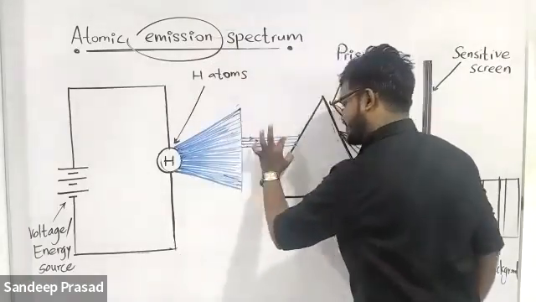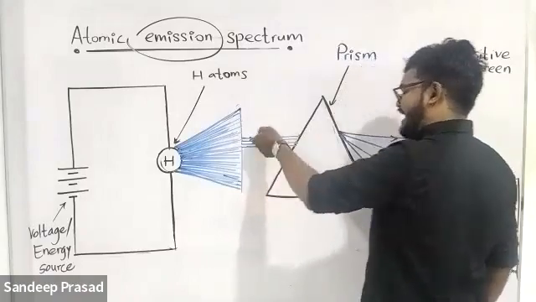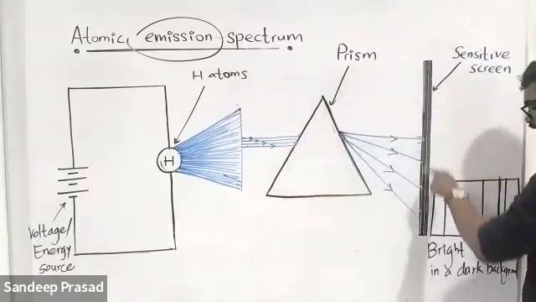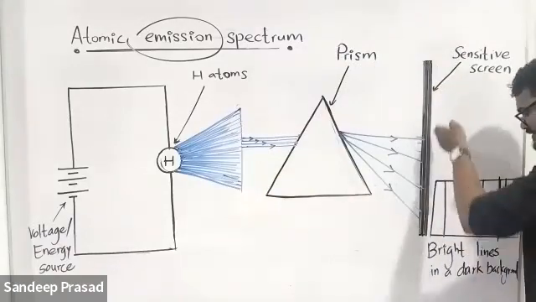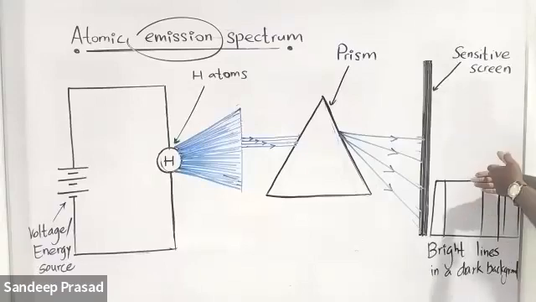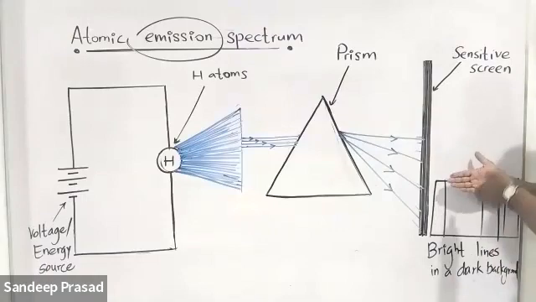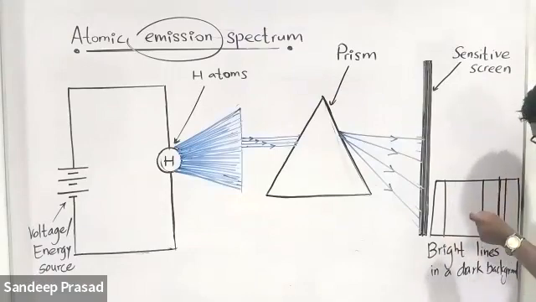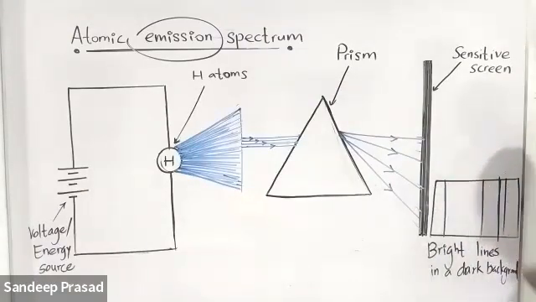Those radiations are collected and sent through a prism, and onto a sensitive screen. When I analyze that sensitive screen, I can see bright lines in a dark background. Remember students, these bright lines represent the emitted radiations.